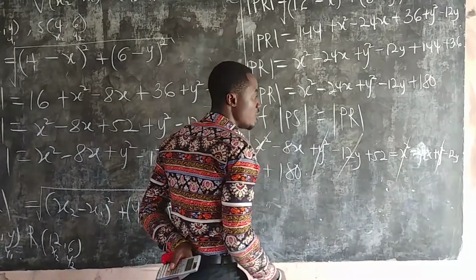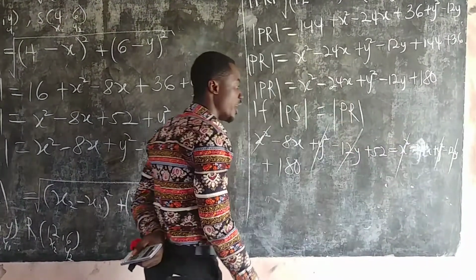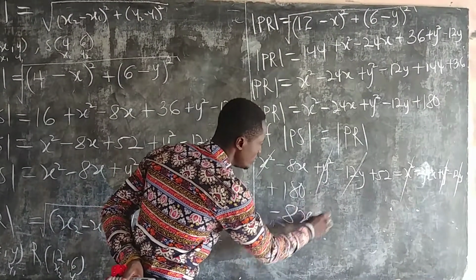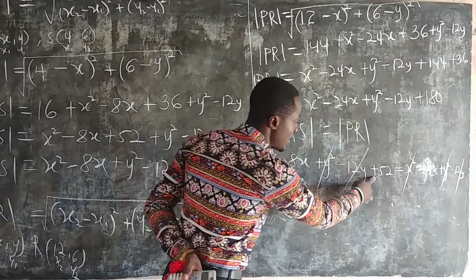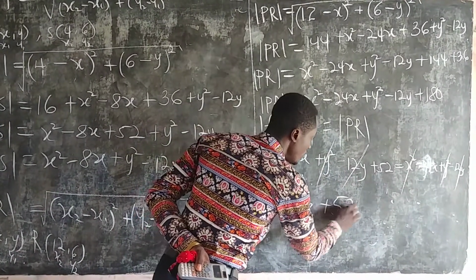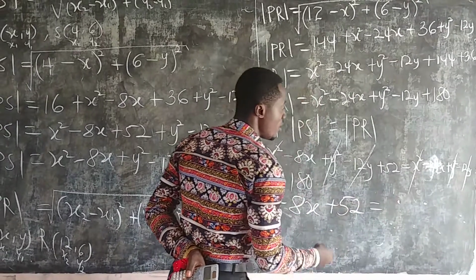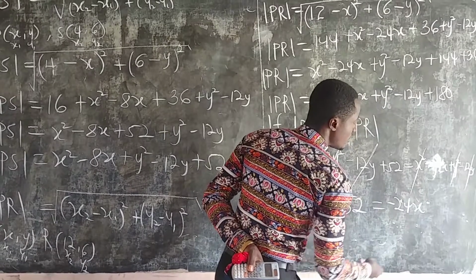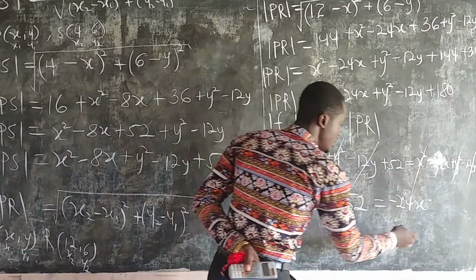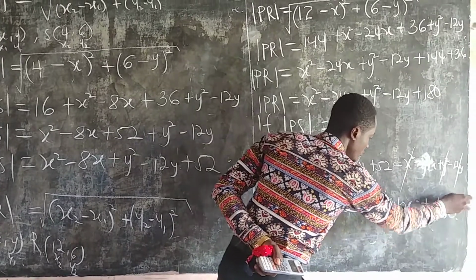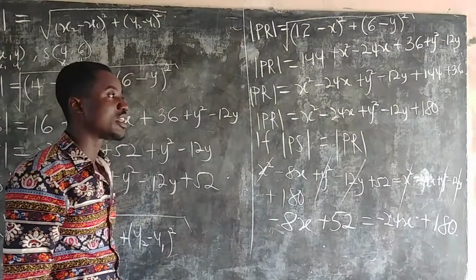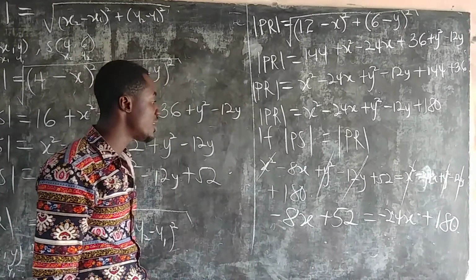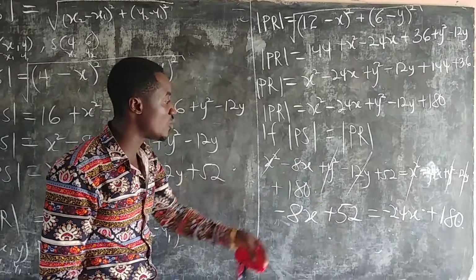Negative 12y will do away with negative 12y, leaving us negative 8x plus 52. This will be equal to negative 24x plus 180. Good. So after the cancellation, you will get negative 8x plus 52 equal to negative 24x plus 180.